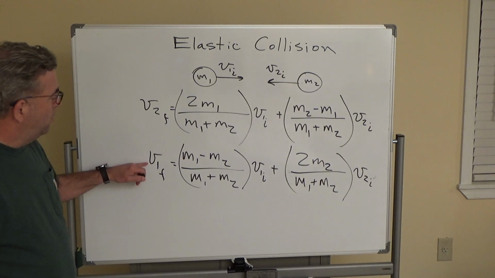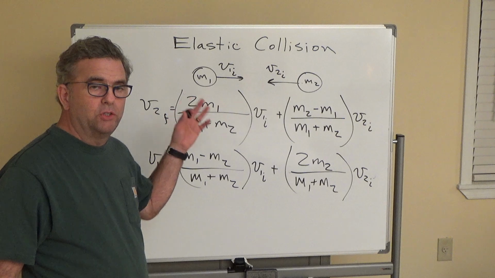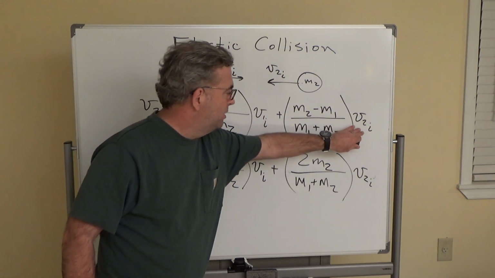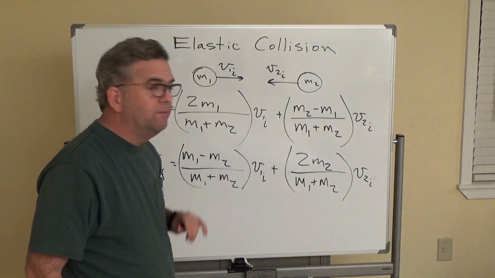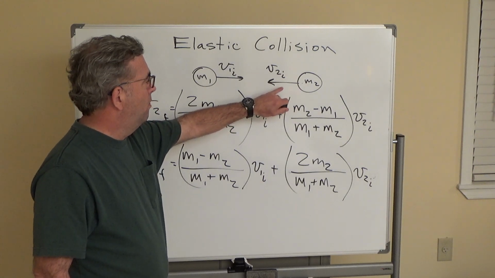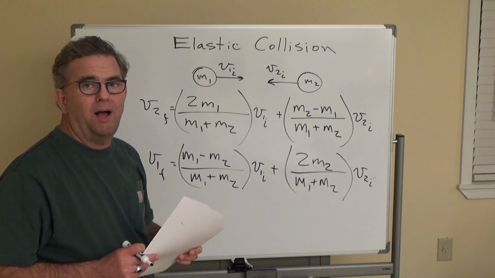So these are the two equations that you need to find the final velocities of the two objects after the collision. And you do have to pay attention to the sign of these velocities. The way I've drawn it, V2 initial would be negative, V1 initial would be positive.